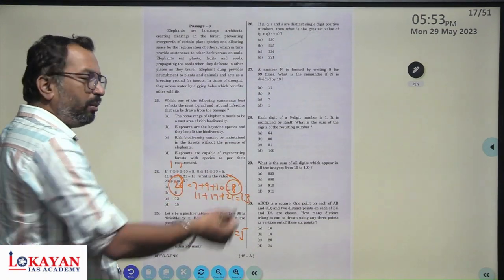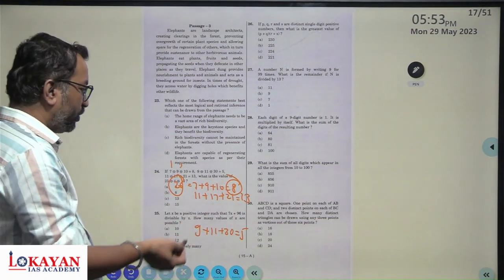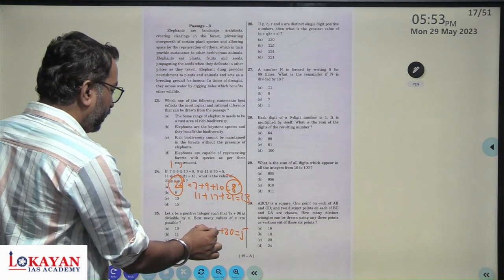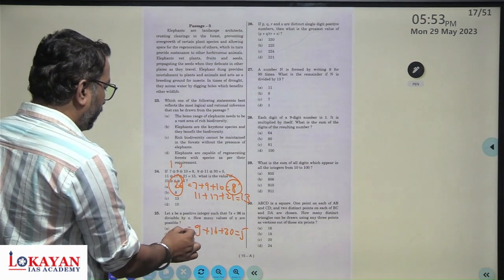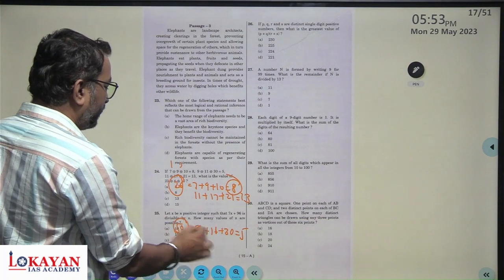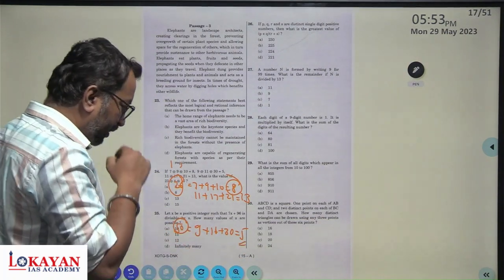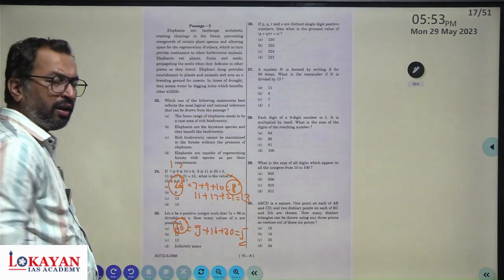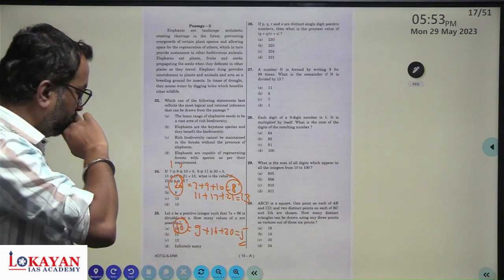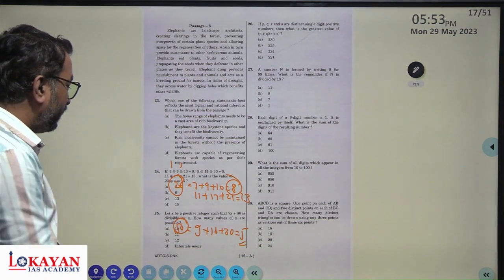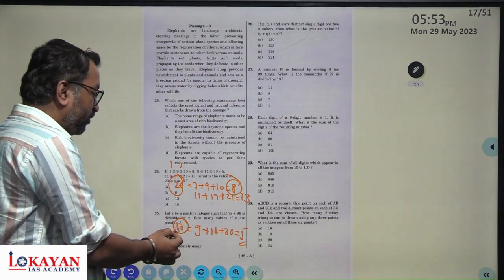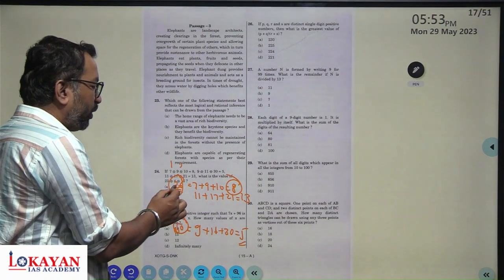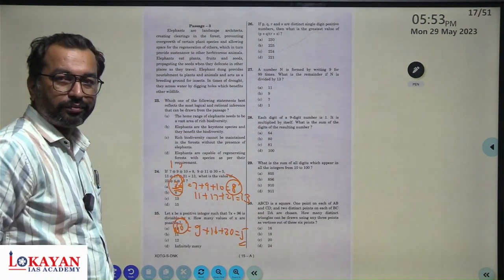So what is the relation between 26 and 8? We'll check. Now 9 plus 11 plus 30 gives me answer as 50, but they have given answer as 5. Now things are getting cleared here. What is the relation between 50 and 5? Just add the digits. 5 plus 0 is 5. 26 में 2 plus 6 will become 8.